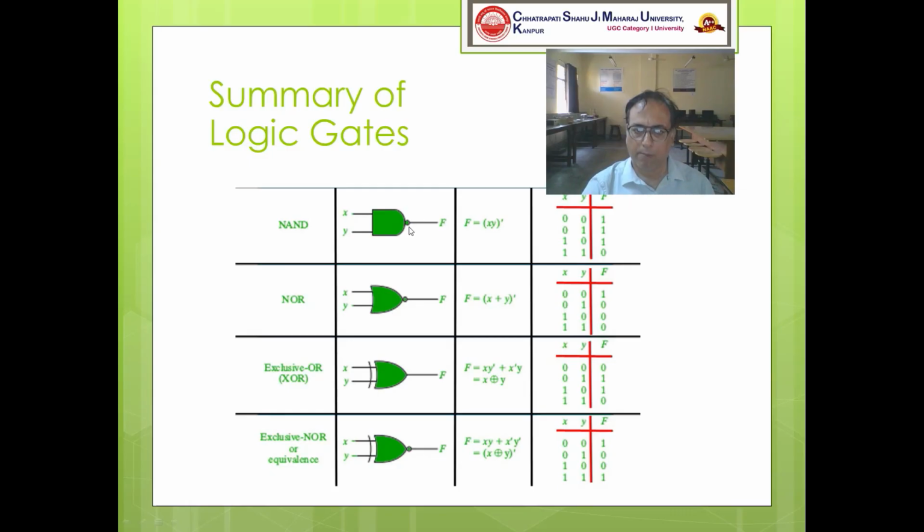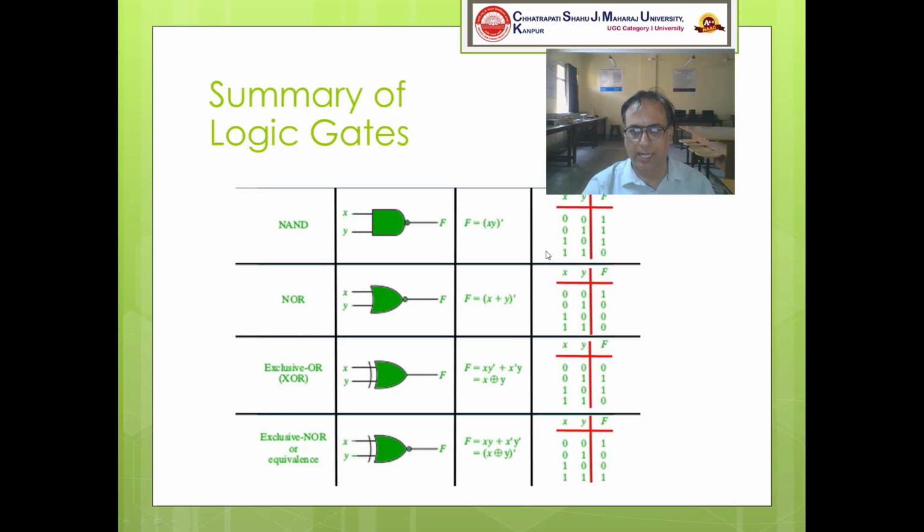NAND is simply a bubbled AND gate, which is given by f equals xy bar. You can write it with a bar, or you can also write it as complement. For this, the truth table will be 0 0 equals 1, 0 1 equals 1, 1 0 equals 1, 1 1 equals 0.